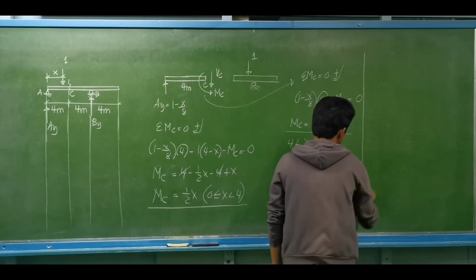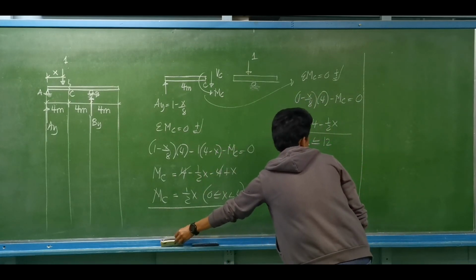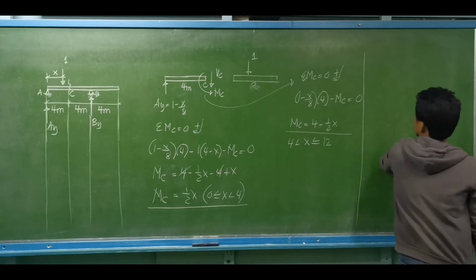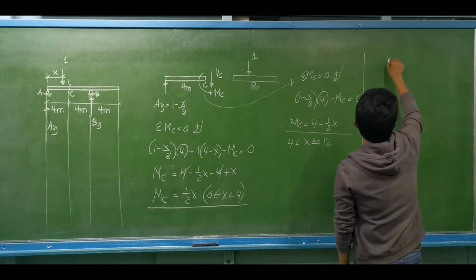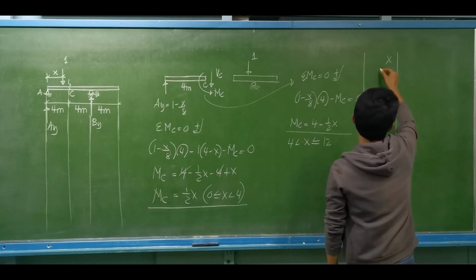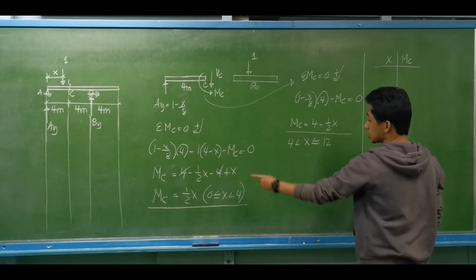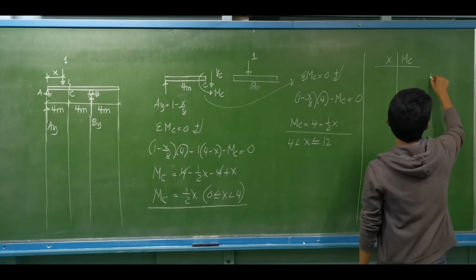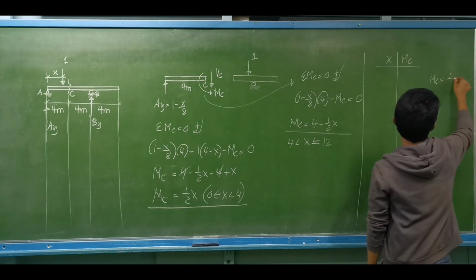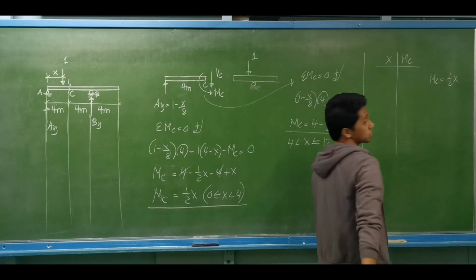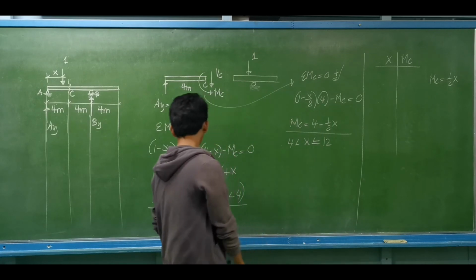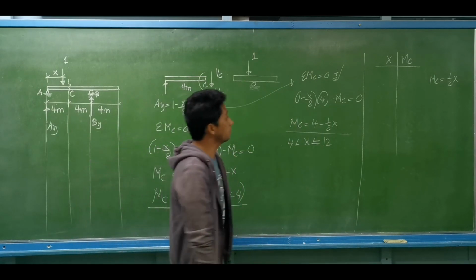So let us tabulate. For any value of x, what will be the value of the moment at C? So first, using the equation, we have the moment at C is equal to 1 half of x. The limitation is from 0 up to 4.